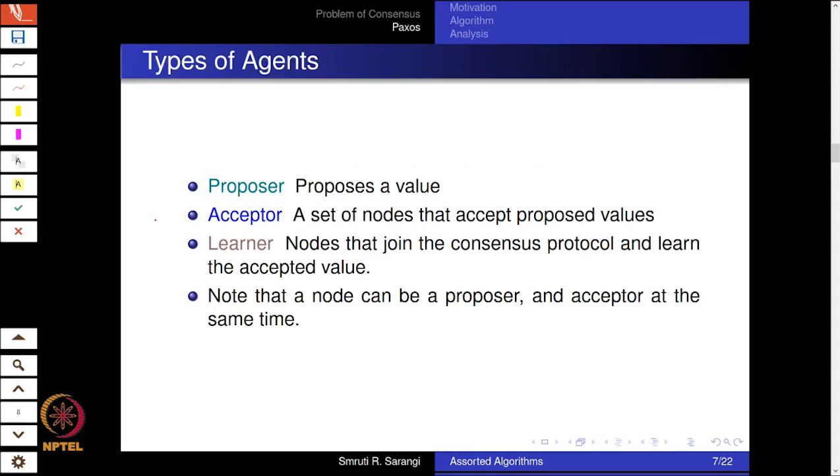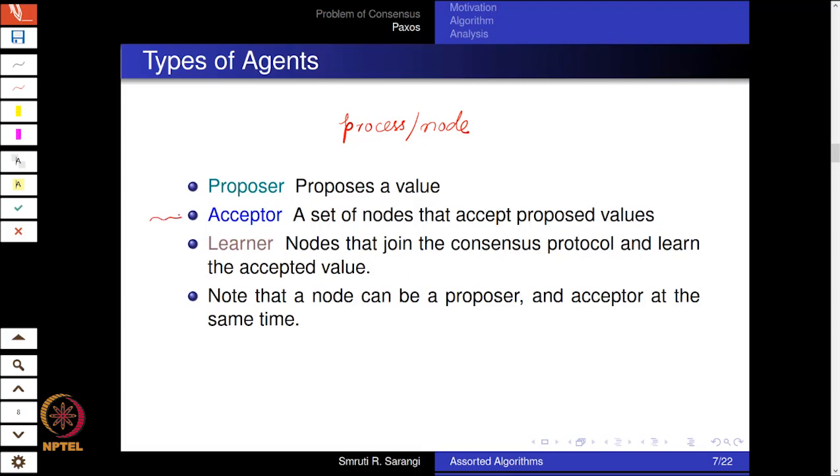So coming to the Paxos algorithm, we have three kinds of nodes. A process and a node we will use synonymously. So we have a proposer. A proposer is one that proposes a value. Then we have an acceptor.